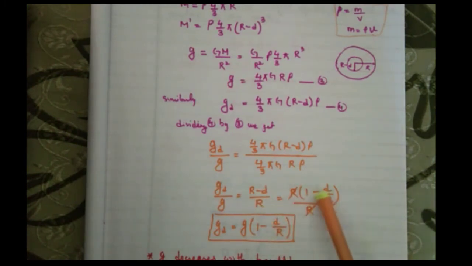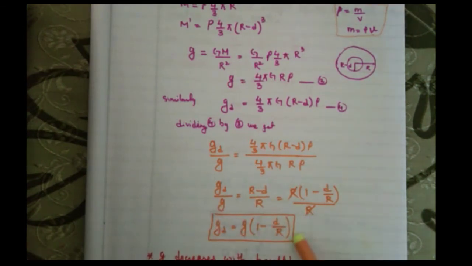If you take R common from the numerator, you are left with 1, and from d we don't have R, so we write R in the denominator. When you take R common from this, you get this. If you multiply this back, you get this. Now you can cancel this R, and you are left with g_d equals g times (1 minus d by R).